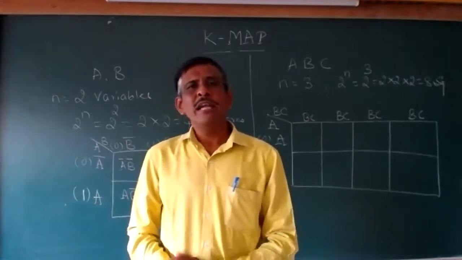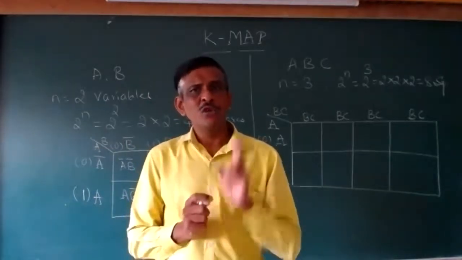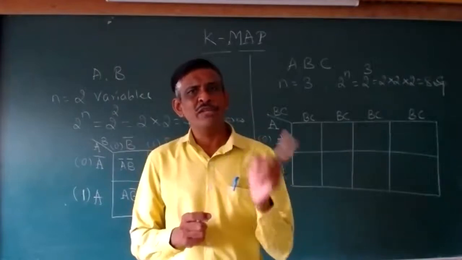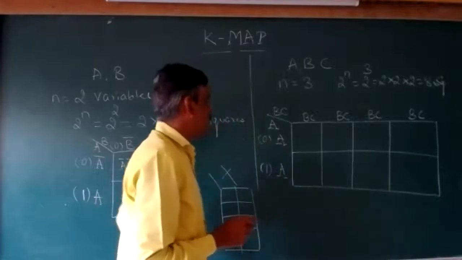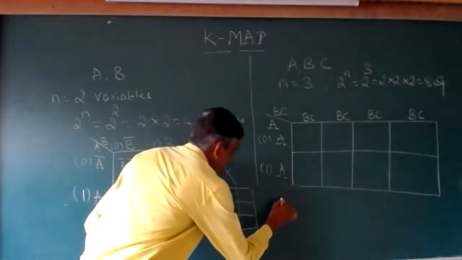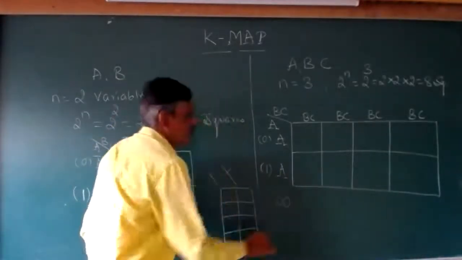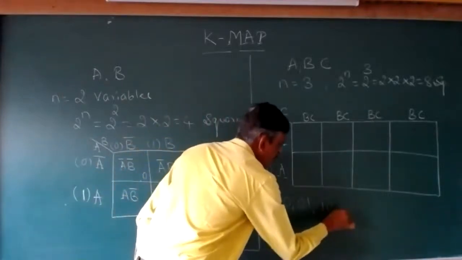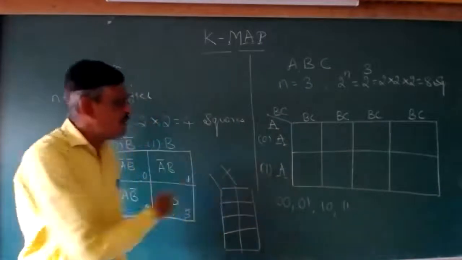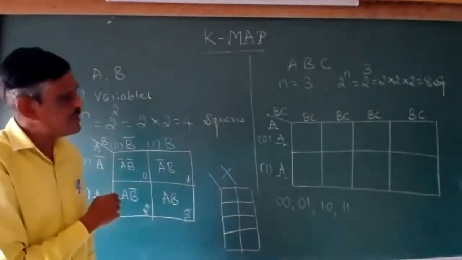In binary, the 2-bit values from 0 to 3 are 0 0, 0 1, 1 0, 1 1.